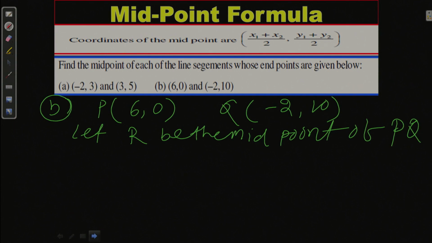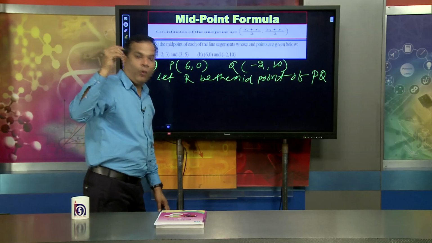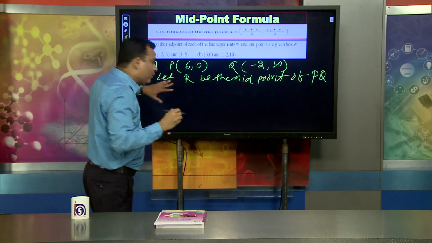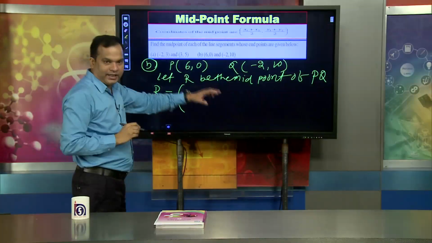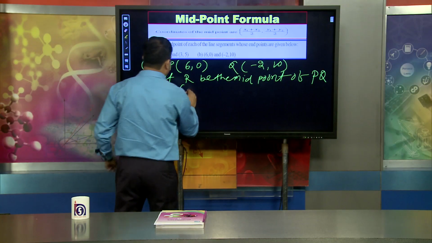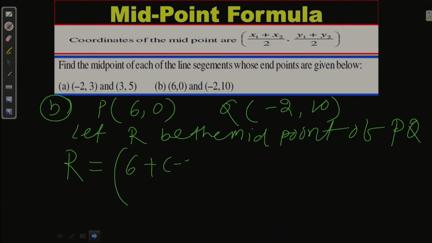Now we are going to find the coordinate of R by using the midpoint formula, that means x1 plus x2 by 2, 6 plus minus 2 by 2, comma y1, which is here 0, plus y2 by 2.